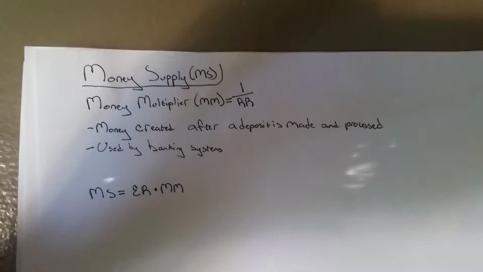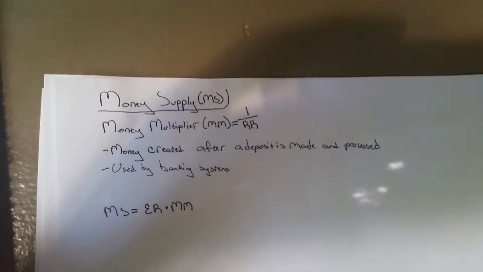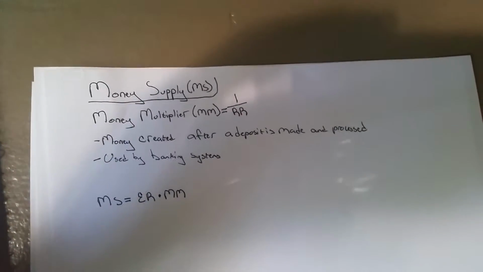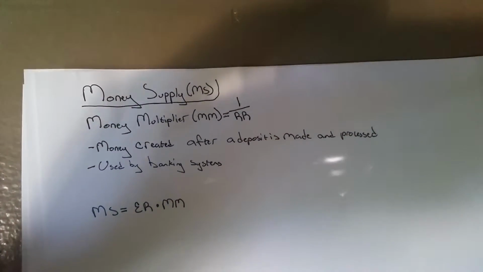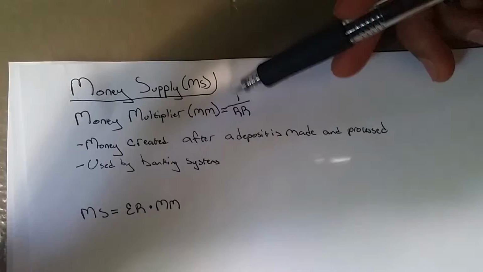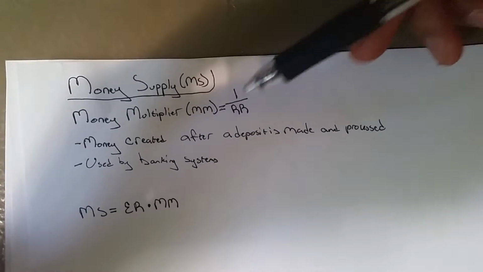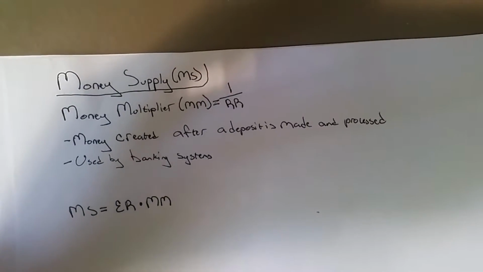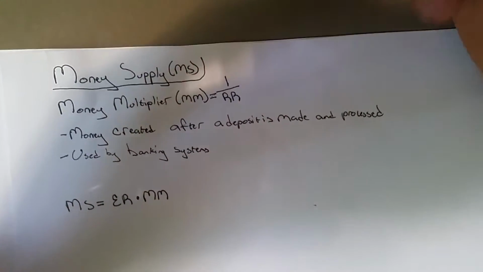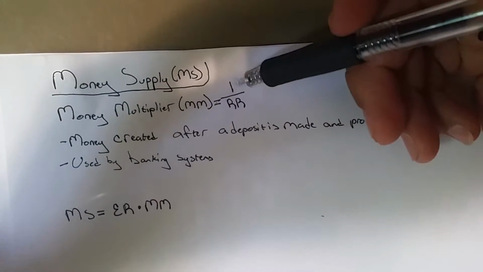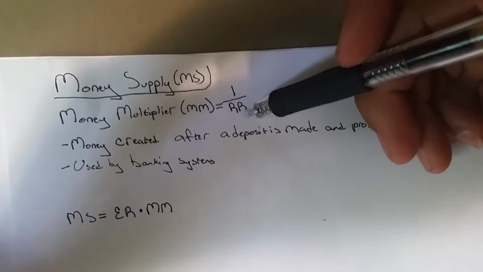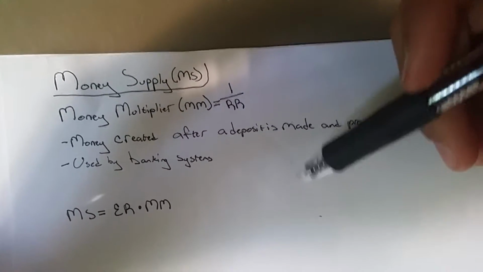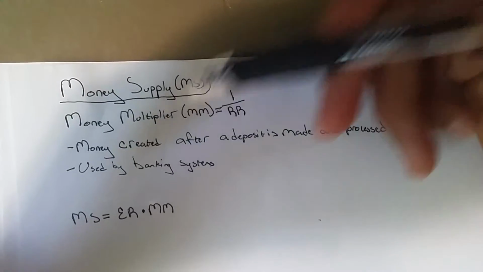All right, next up is money supply. First thing you need to know about money supply is how to calculate the money multiplier, or the MM. In order to calculate the money multiplier, you need to divide 1 by the reserve requirement ratio. Then you will get your money multiplier.